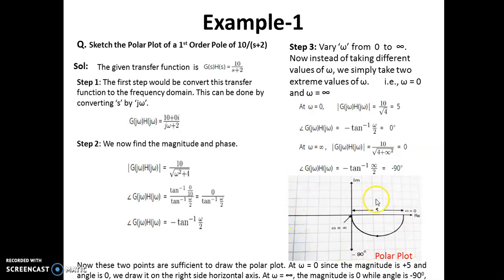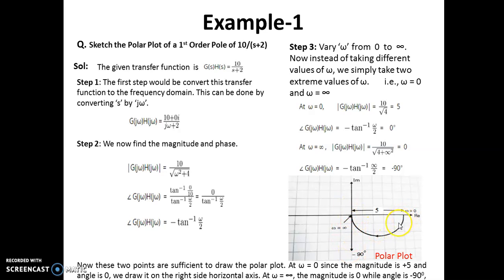This figure shows the complete polar plot. Just take these values. When omega equal to 0, the magnitude is 5 and the angle is 0 degrees, that is, on the real axis. At omega equal to infinity, the magnitude is 0 but the angle is minus 90 degrees.